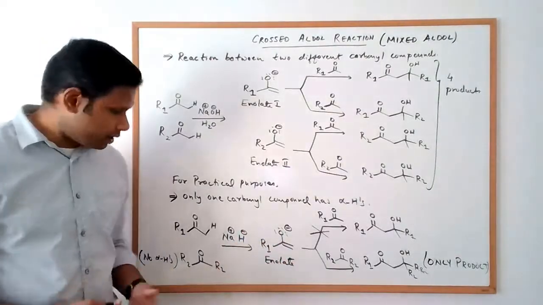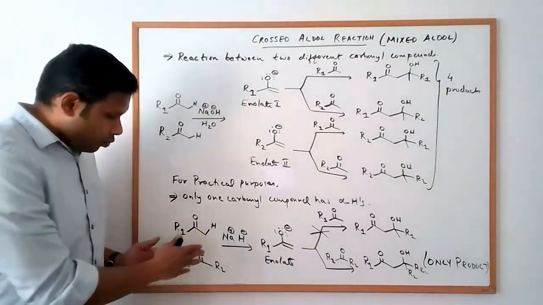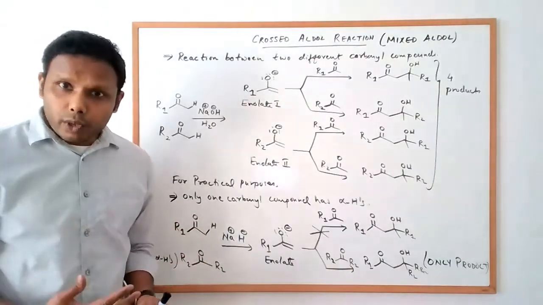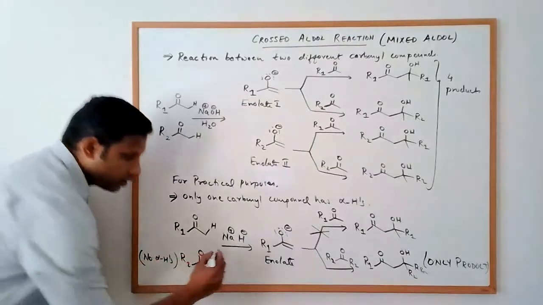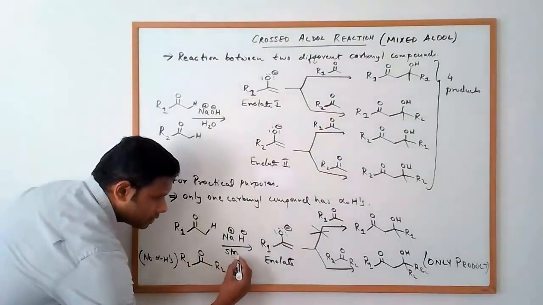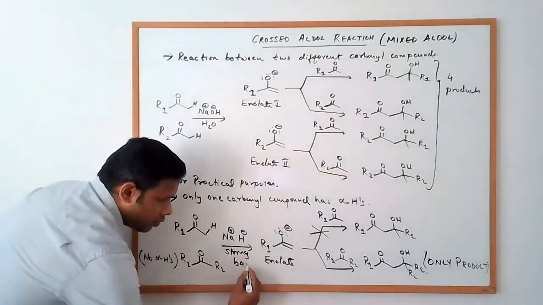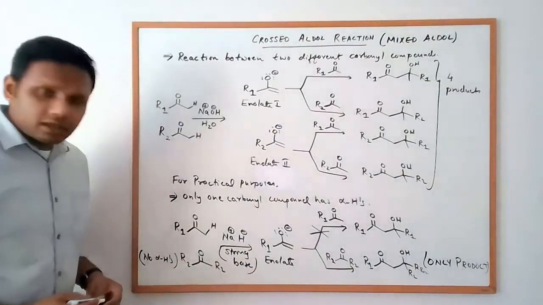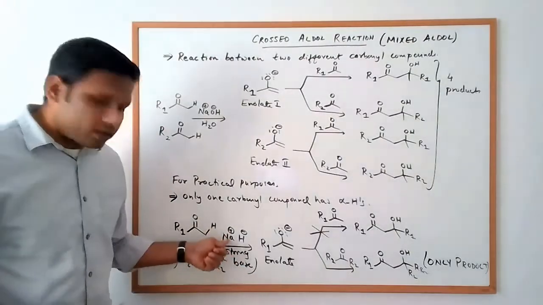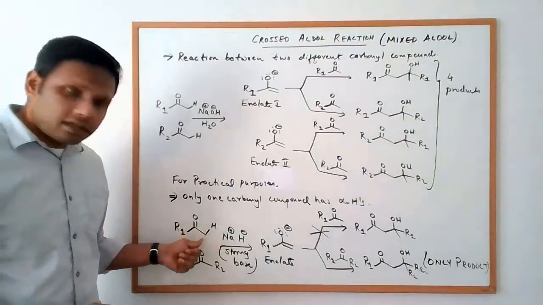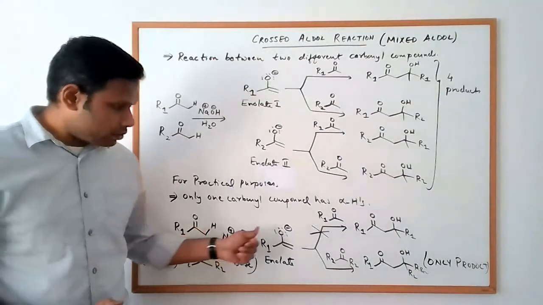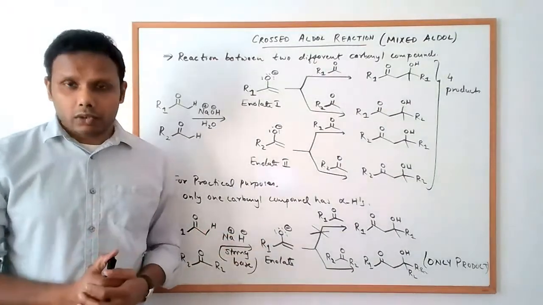We don't want that happening. So we want to use one carbonyl compound with no alpha hydrogens, and we use a strong base here. When we say strong base, we want a base that's going to completely convert the carbonyl compound into the enolate.